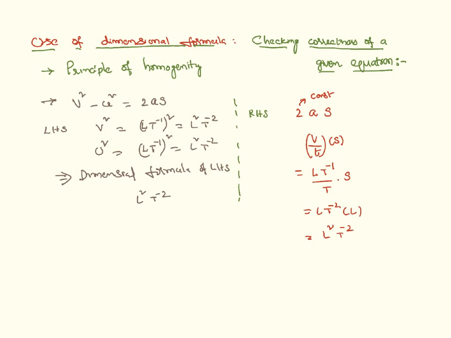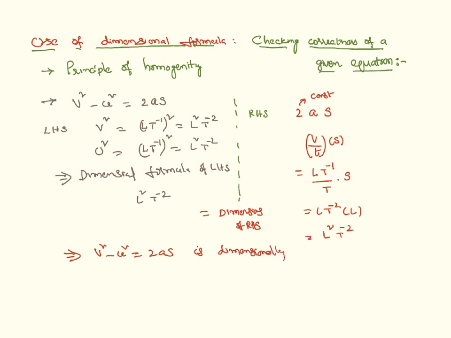It's very clear that the dimensions of LHS is equal to the dimensions of RHS. That implies we can say the given equation v square minus u square equal to 2as is dimensionally correct.